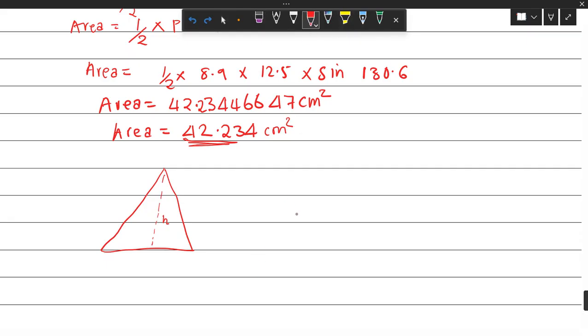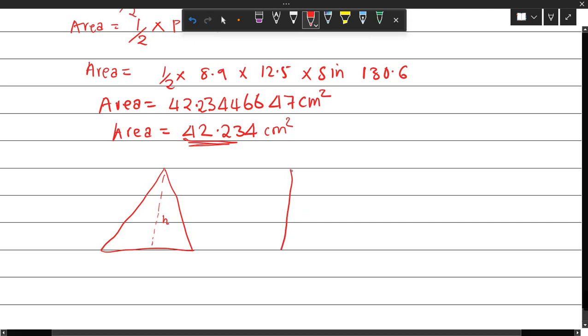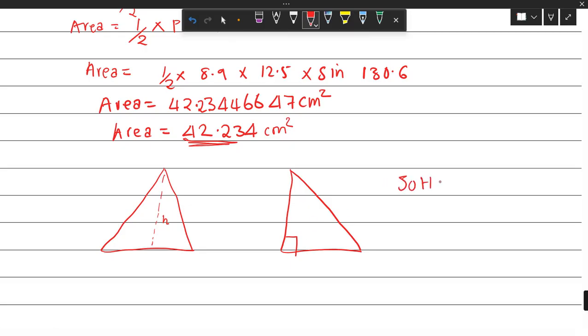usual pen. Okay, so you have a line, then we know this triangle from SOHCAHTOA, where we derive the SOHCAHTOA. There is a 90 degrees here where we use this SOHCAHTOA. This SOHCAHTOA only works for a right angle triangle, so there has to be a 90 here.